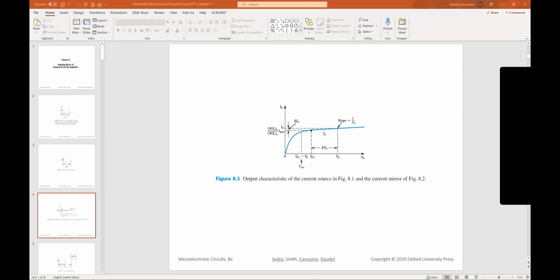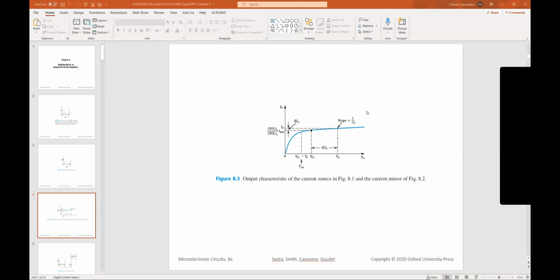But you don't get that, and the reason is that transistor Q2 has an actual output resistance that cannot be ignored. So the slope that you get is actually 1 over that output resistance of Q2.